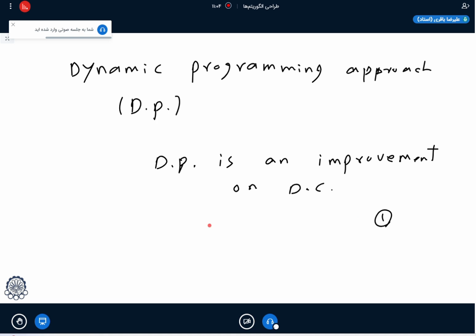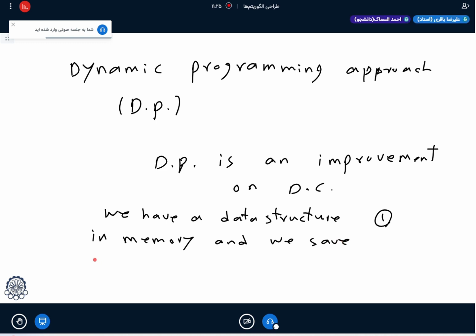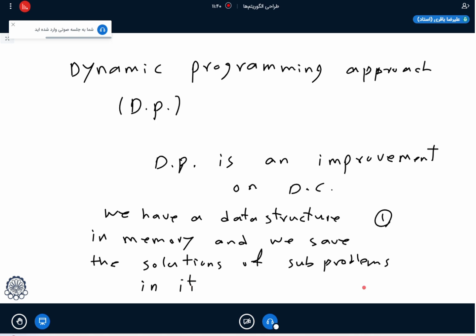So we have a data structure in memory, and we save the solution of subproblems in it.